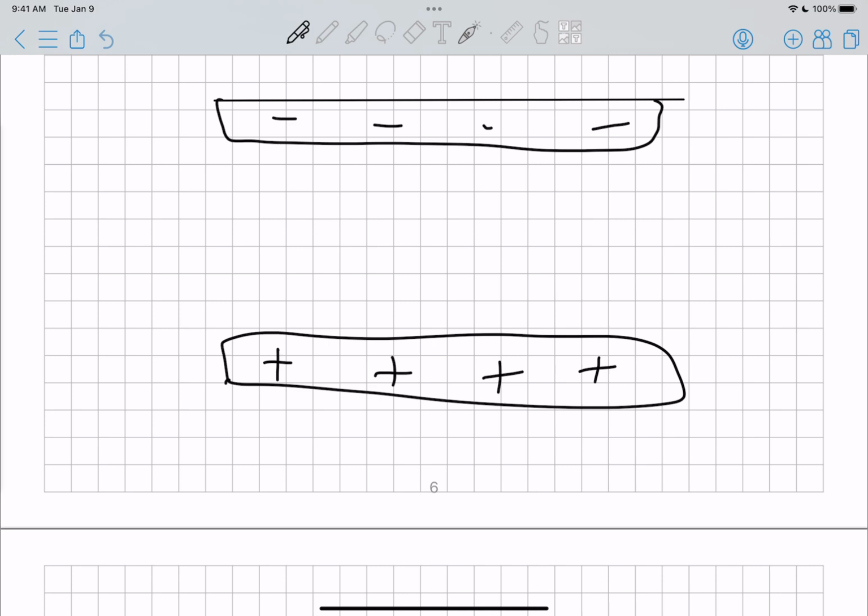So if I have a little positive test charge next to positive charges, how do you think that positive test charge is going to move with respect to the positive charges in that sheet?